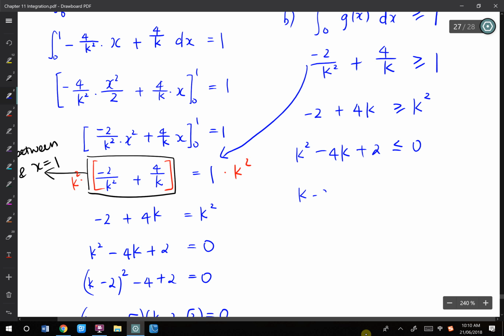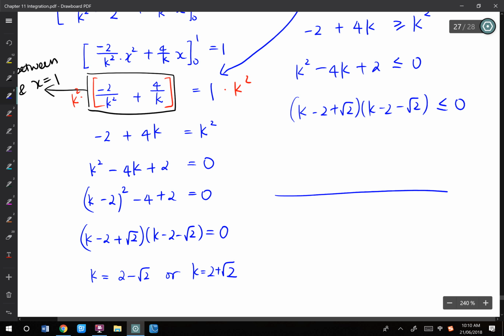And I know I have factorized that before. That's k minus 2 plus root 2, k minus 2 minus root 2, less than or equal to 0. I have completed the square: k minus 2 squared minus 2, so plus root 2 minus root 2.